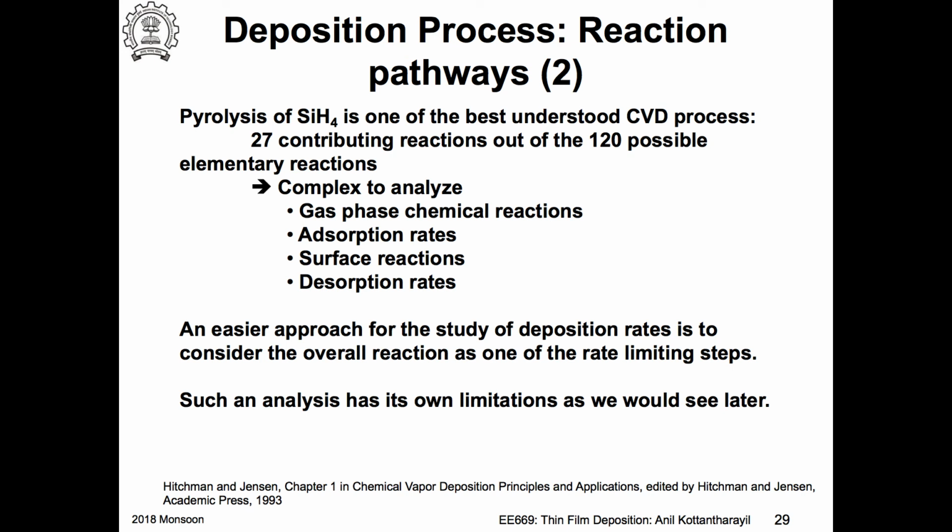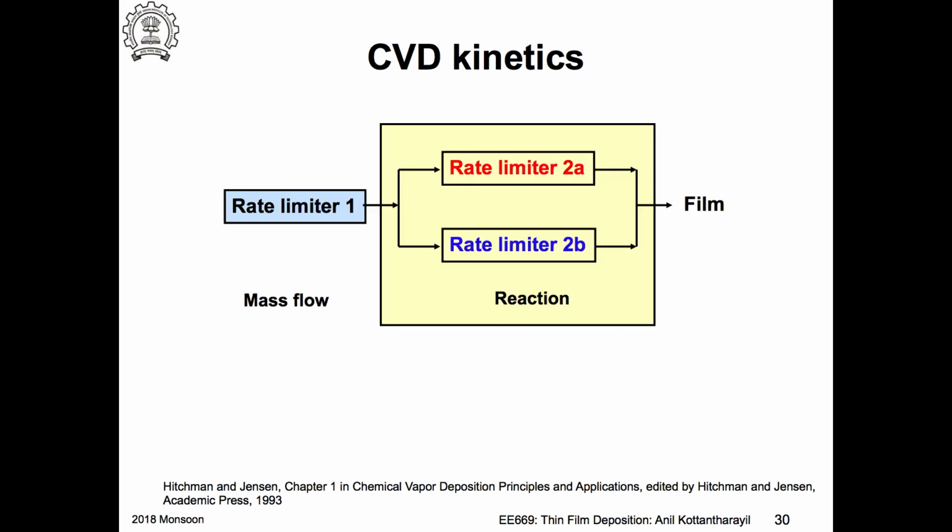and you may get different things during the deposition. So this is something that we have already discussed. You may have sequential processes and parallel processes, right? We have seen that adsorption of silane, silylene, or disilane on the surface. These are all parallel reactions.